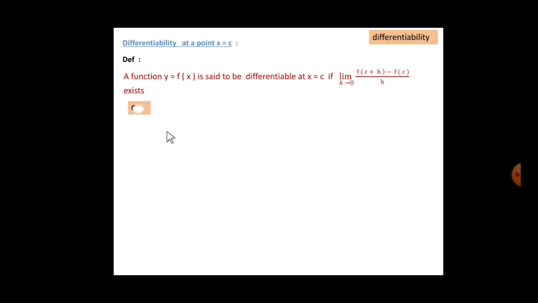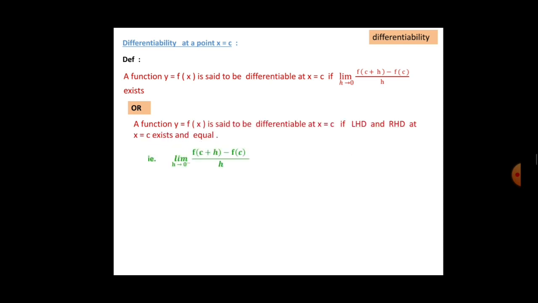Or, a function y is equal to f of x is said to be differentiable at x equal to c if the left hand derivative and right hand derivative at c exist and are equal. That is, the limit as h tends to 0 minus of f of c plus h minus f of c divided by h equals the limit as h tends to 0 plus of f of c plus h minus f of c divided by h. This is the left hand derivative and this is the right hand derivative. Both should be equal.